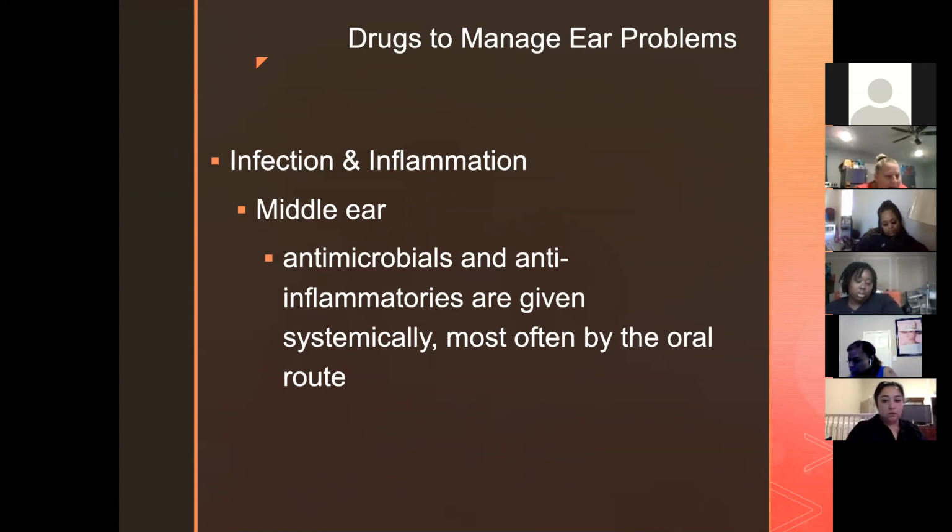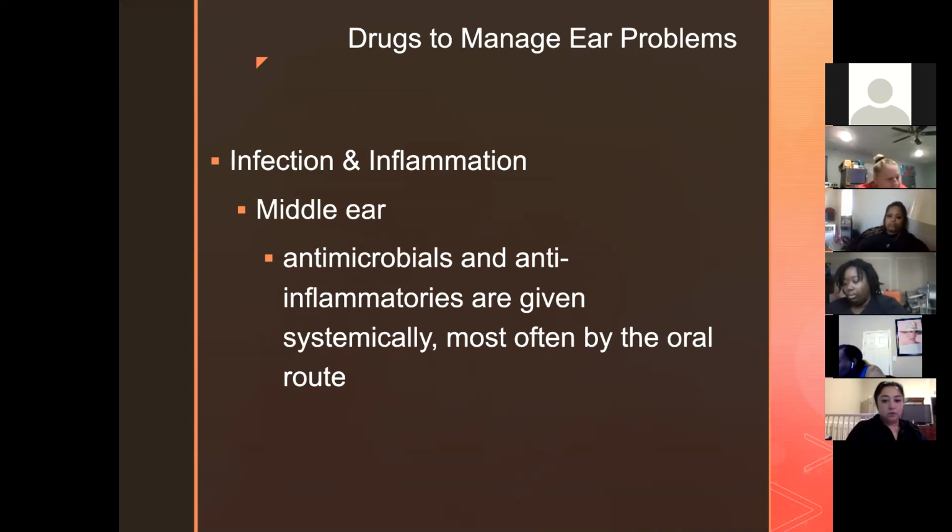So if we're given drugs to manage some ear problems, then we're really looking at infection and/or inflammation. Typically, you're going to see those infections or inflammations around the middle ear or the external ear. So we're typically going to give antimicrobials and anti-inflammatories.